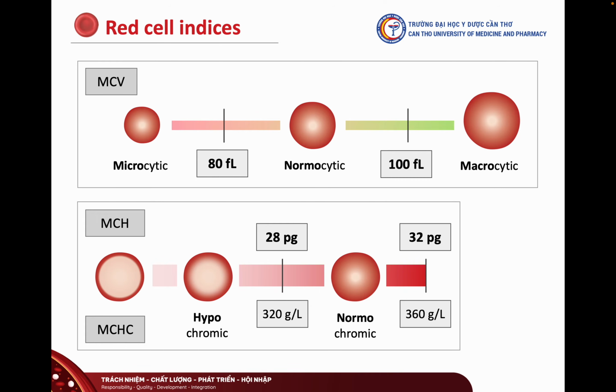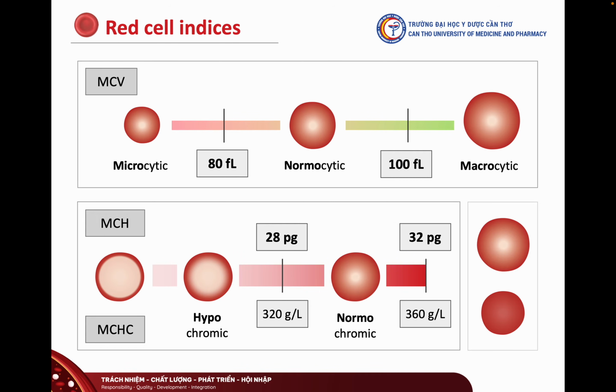So at this point, you might wonder, why isn't there a category called hyperchromic? That is because red blood cells can only produce and carry a limited amount of hemoglobin, usually no more than 32 picograms for the MCH and 360 grams per liter for the MCHC.